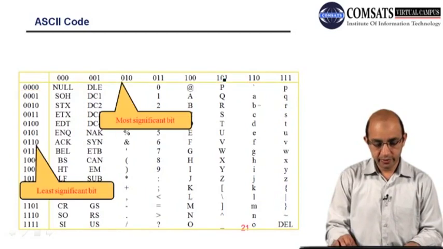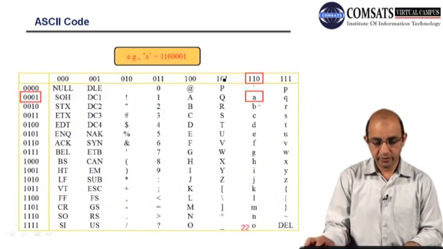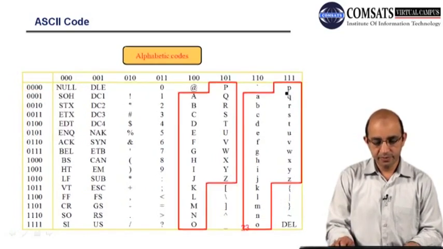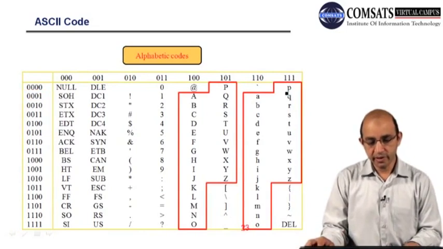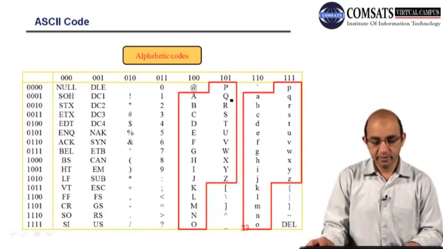If you look back, this will be the most significant part and this will be the least significant part. So we will have 1 1 0 and 0 0 0 1 when we are representing A by this ASCII code. So these are the alphabets, these are the capitals, and these are the small letters and their codes.